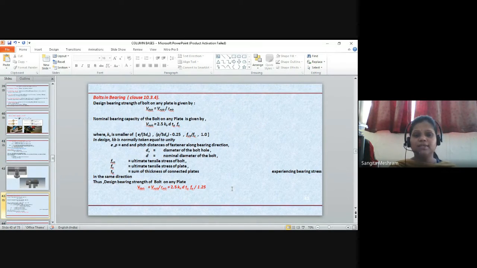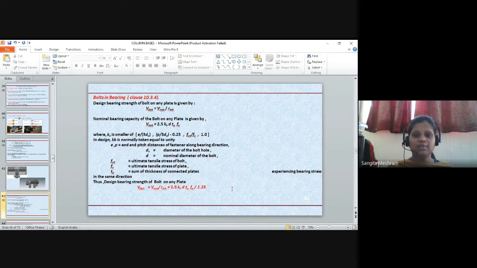The design bearing strength of bolt VDPB equals VNPB upon gamma MB. Then the formula is 2.5 kb d t into FU, the ultimate tensile stress of plate. Then FUB is the ultimate tensile stress of bolt. Okay, the nomenclature is given.